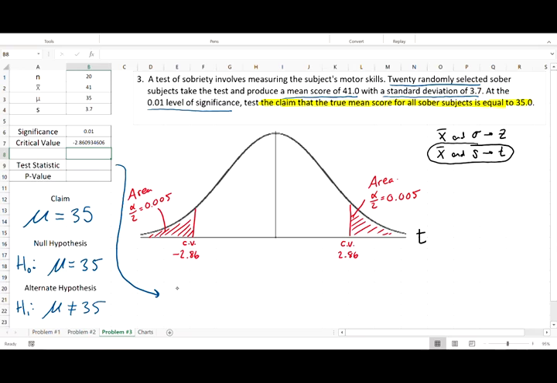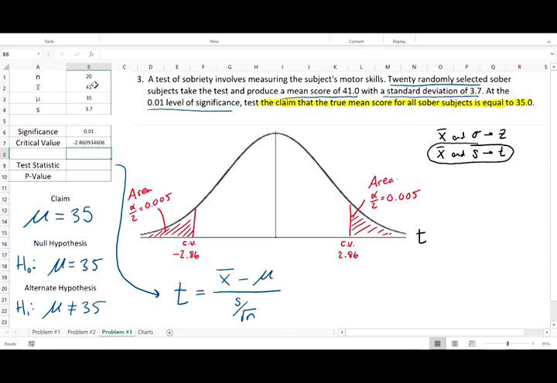And the test statistic, in this case, again, is a t-value, but the formula is the same as before. It's the difference between the sample statistic and the population parameter, divided by the standard deviation. In this case, it's the sample standard deviation divided by the square root of n.